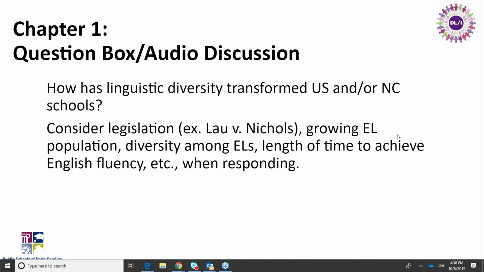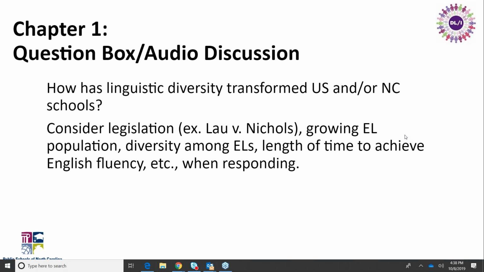I see that Swetha's hand is up. Hi, Ivana. Hi. So I just wanted to quickly add here that absolutely the linguistic diversity has transformed our country and the state, especially considering how many immigrants come to the country, how many students are learning English as their second language. And of course, we know the contextual and other factors involved in second language acquisition.